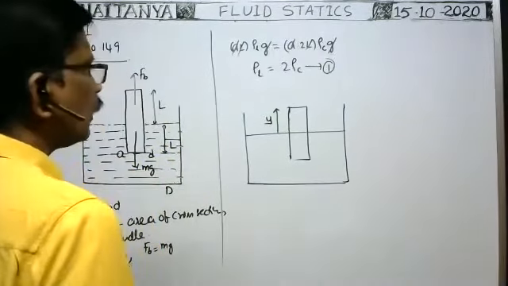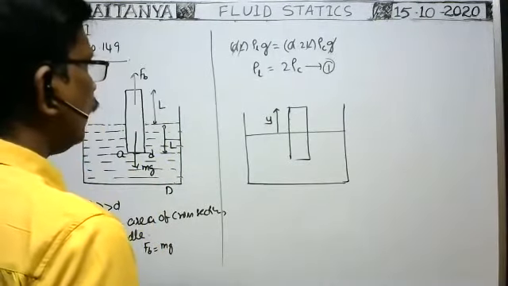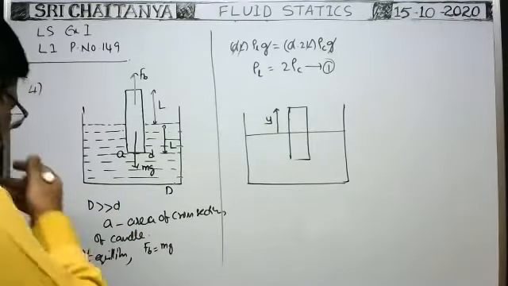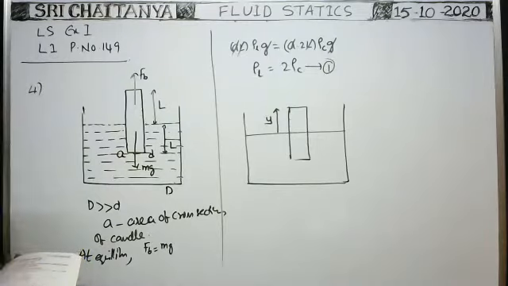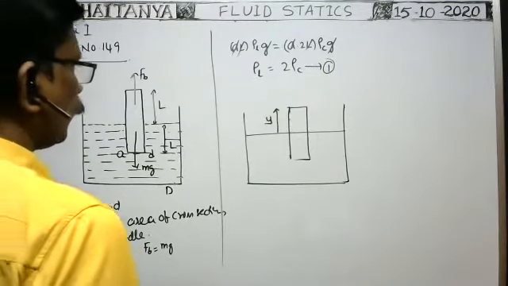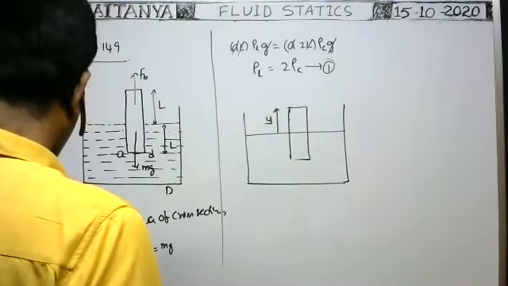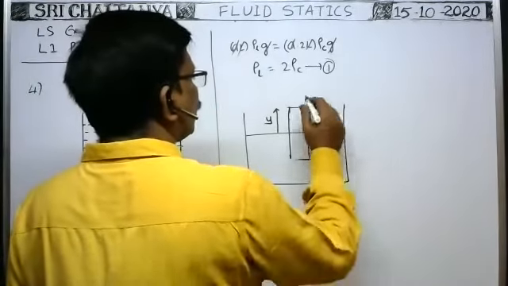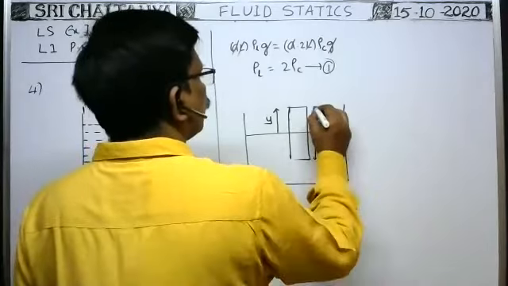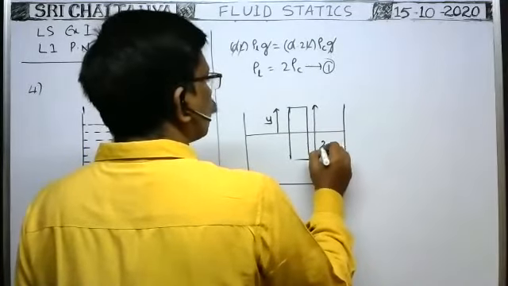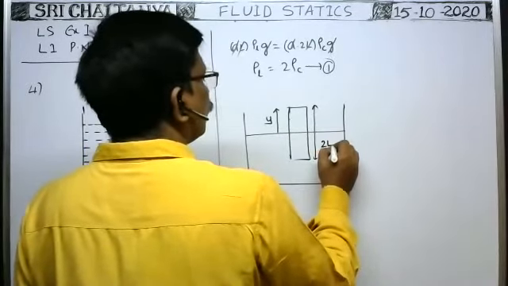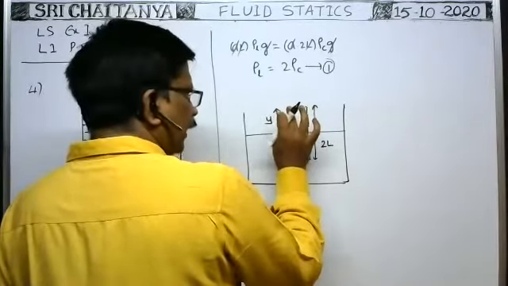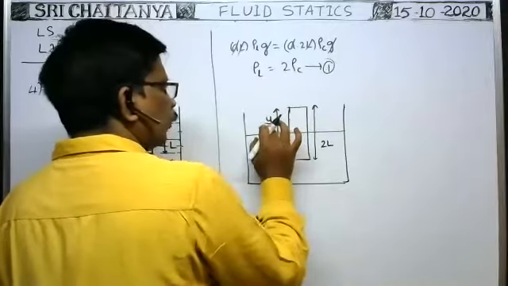Height of the candle above the surface of the water is say y. So the total length of the candle is 2L. When it is burning, the height of the candle above the surface of the water is equal to y.